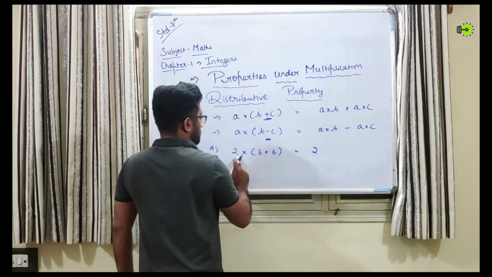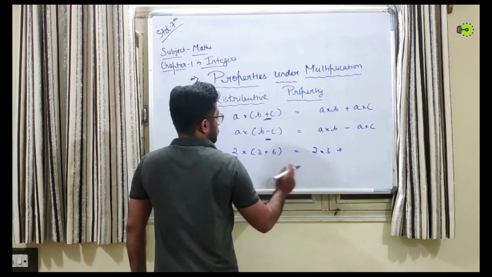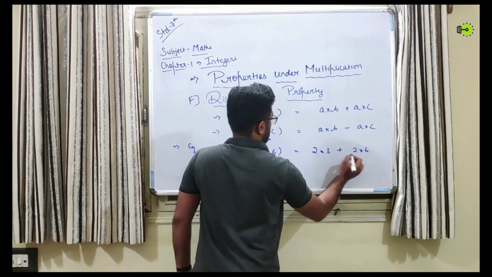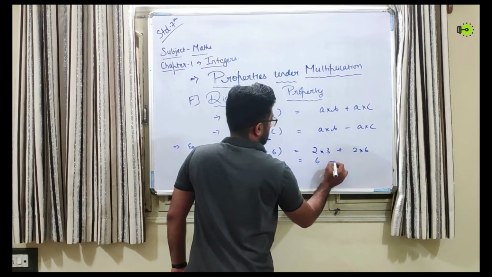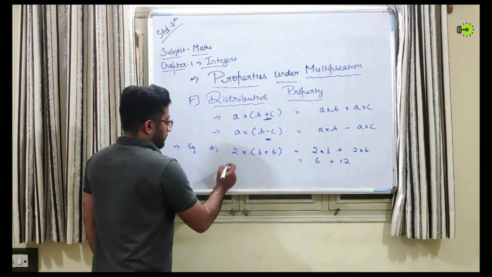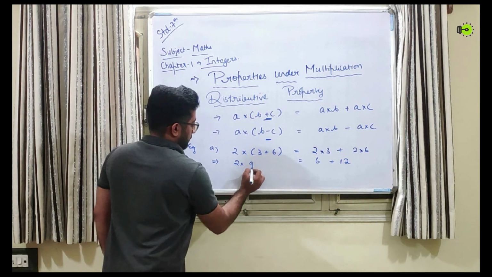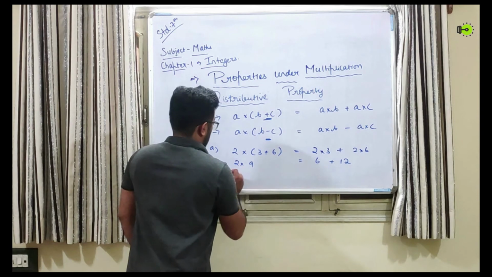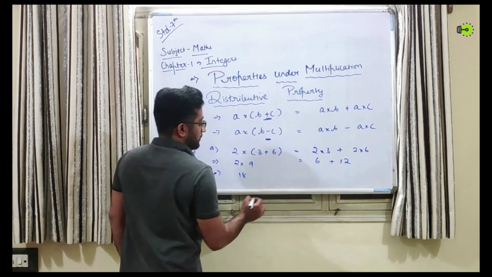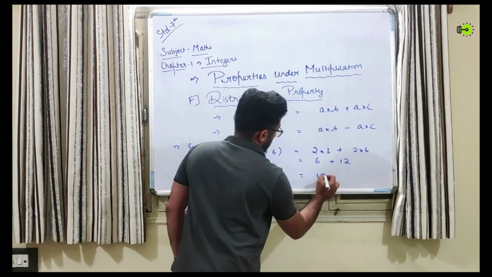So a into b, that is 3 into 2, plus 6 into 2. 3 2s are 6, 6 2s are 12. Okay, we will also solve the same here, that is 6 plus 3, 9, 9 2s are 18, and 12 plus 6 is also 18.